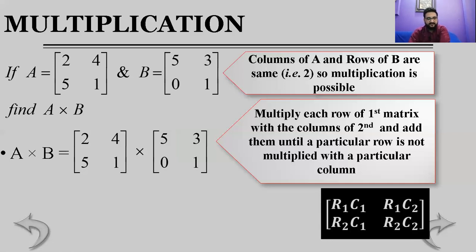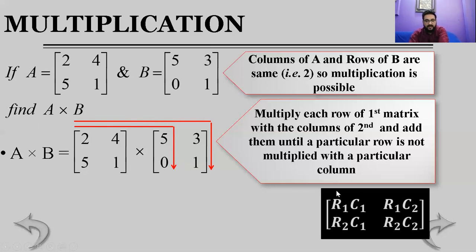The term is first row multiplied by first column, and again the second value is R1, it means first row multiplied by second column. Okay, so first thing is this, R1 multiplied by C1 shows the first row multiplied by first column, and then the second row multiplied by second column.